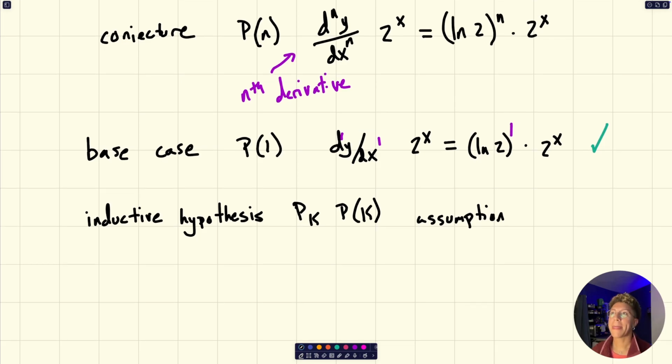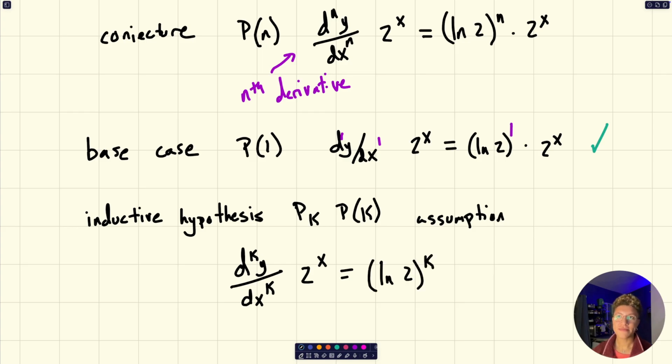So we say d to the k y over dx to the k, the kth derivative of 2 to the x, should be ln 2 to the k power, and then this multiplied again by 2 to the x.